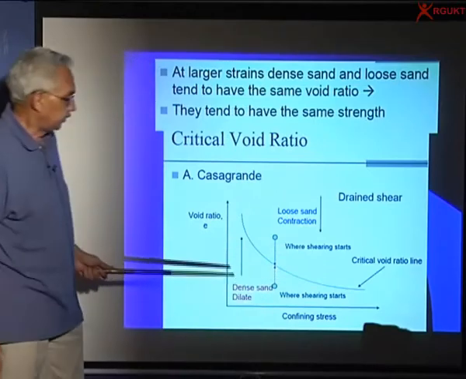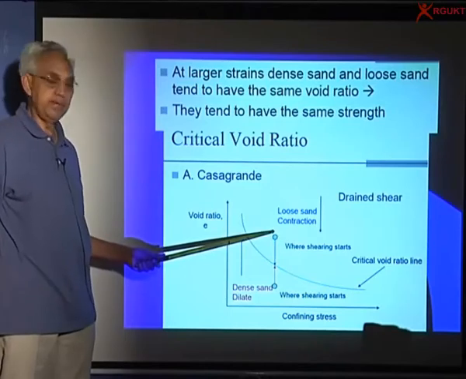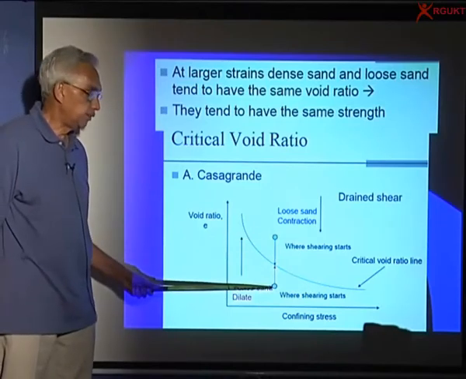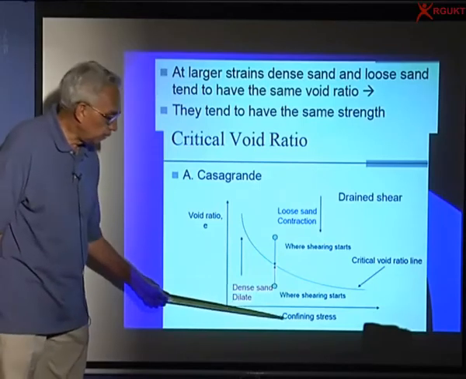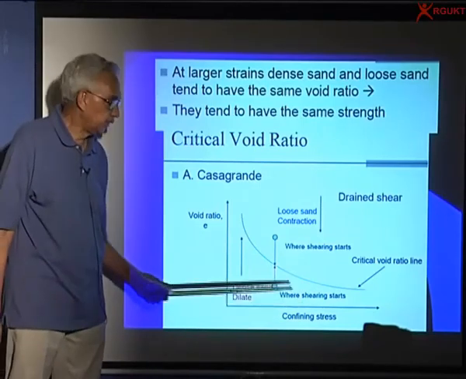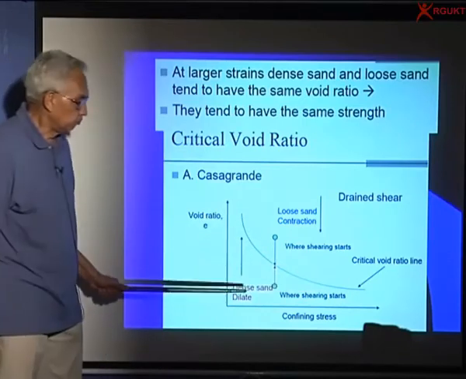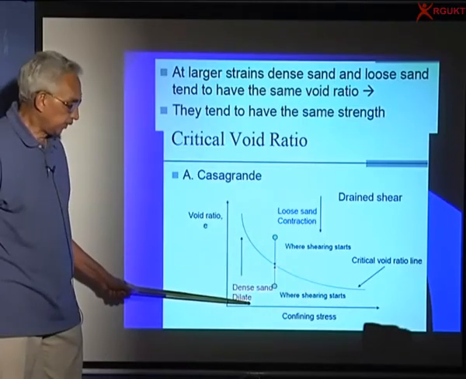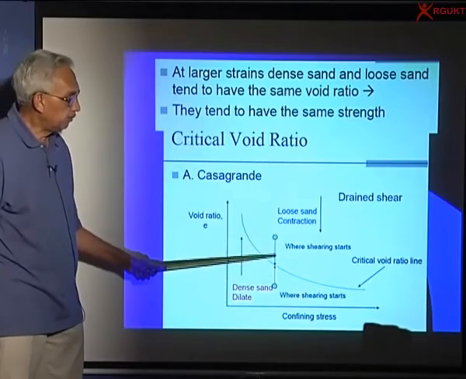So here is the situation. I have a loose sand, which means a high void ratio, and I have a dense sand with lower void ratio. As the confining pressure increases, you will find that the critical void ratio line keeps changing. Under low confining pressures, the dense sand can dilate and loose sand will contract.